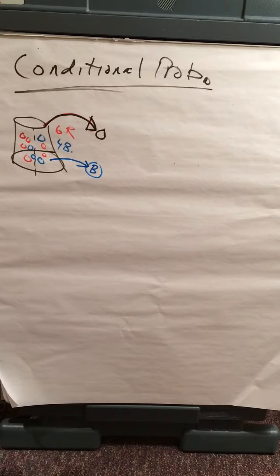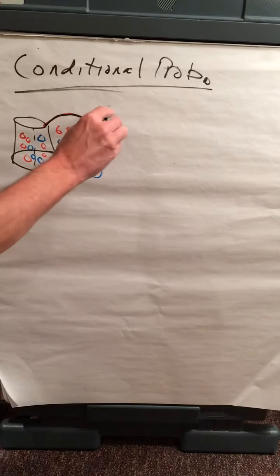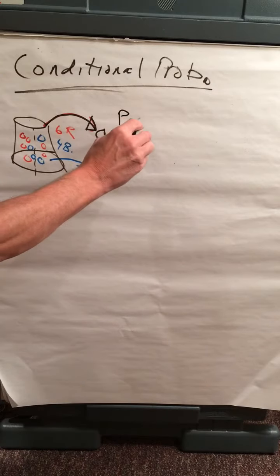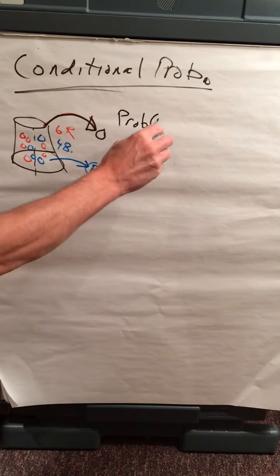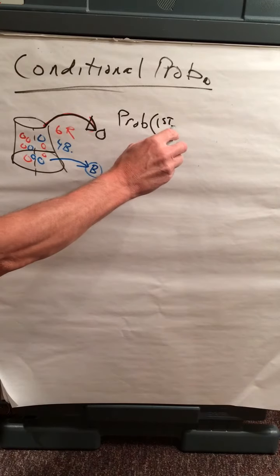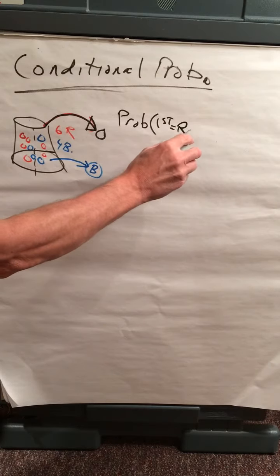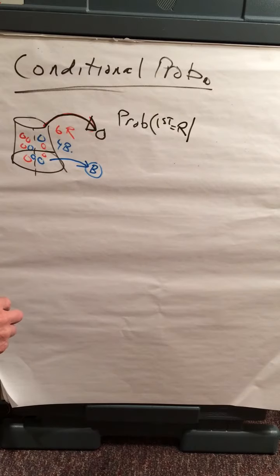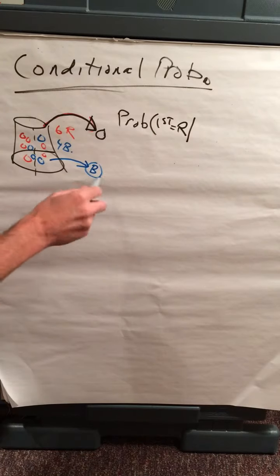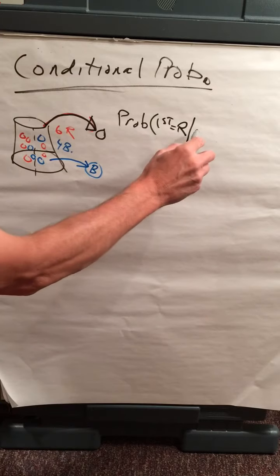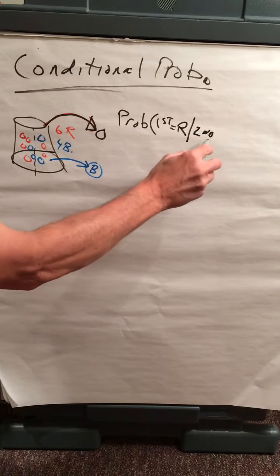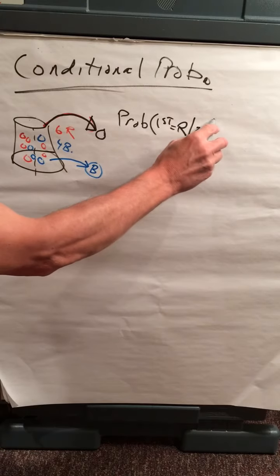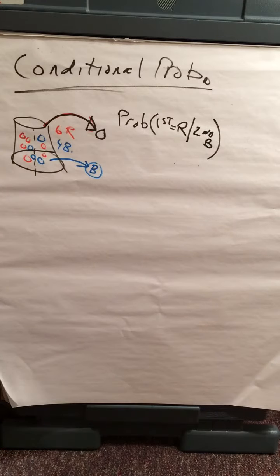Now, what we're going to try to find is the probability that the first ball is red, given the second ball, which you just chose. The second ball is blue. We're going to try to find that probability.